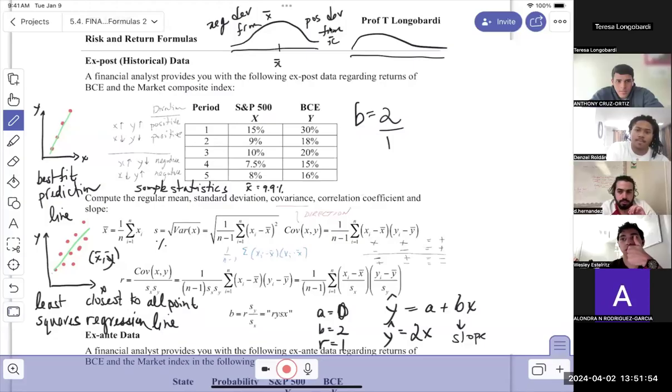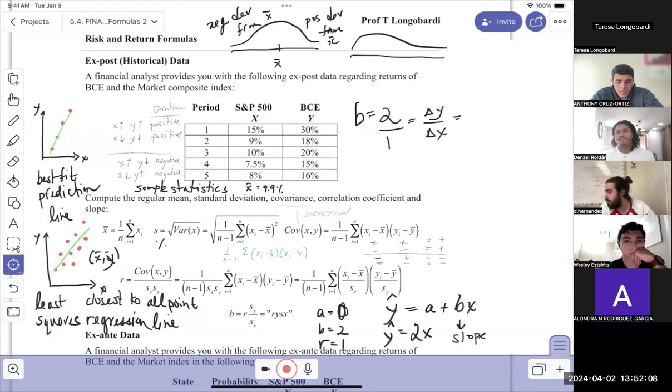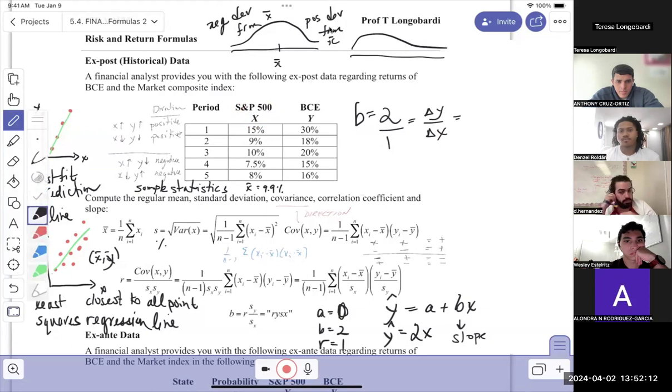Okay, so B is equal to 2 over 1. The slope is the change in y over the change in x. Because the variable x corresponds to the market, wherever we see x, we're going to refer to it as the market.